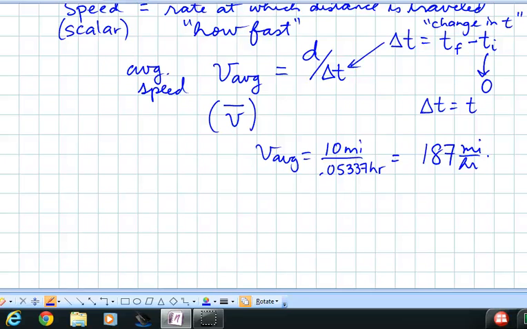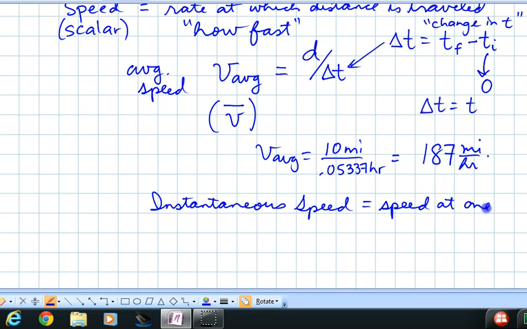Now, you can also have instantaneous speed. Instantaneous speed is the exact speed at one moment in time. For you math people out there, it's the limit as delta t goes to 0 of a change in distance over a change in time.